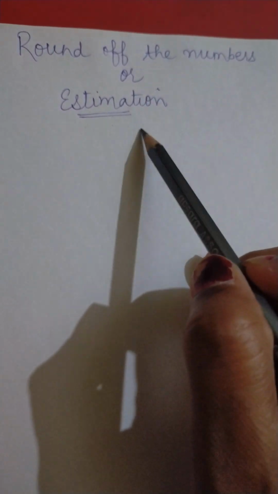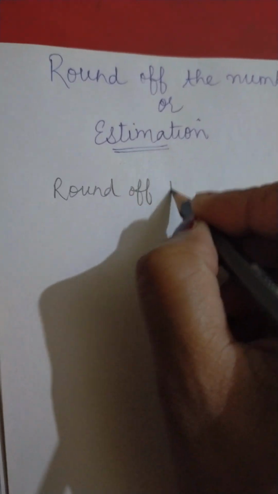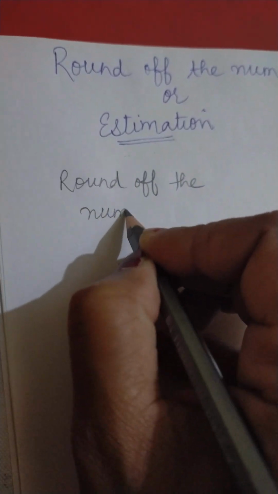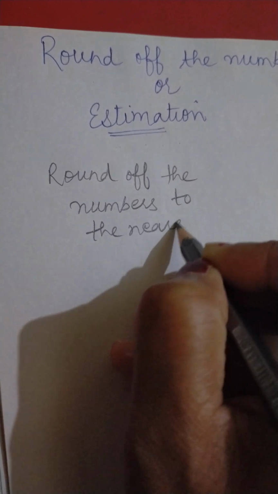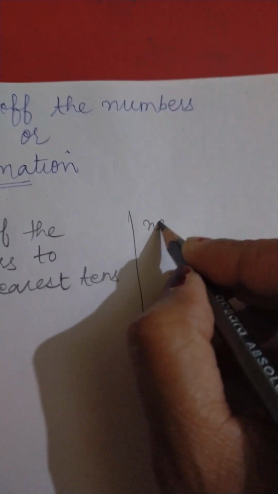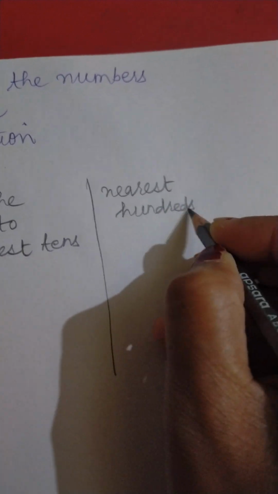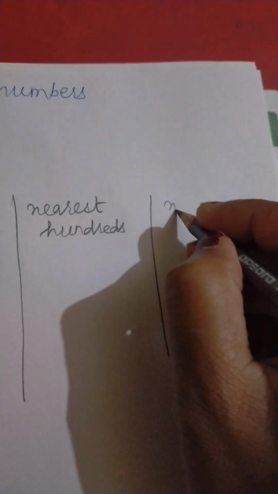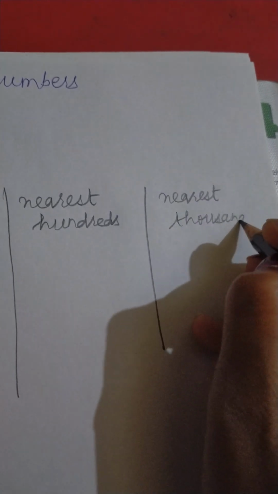For rounding of numbers there are three different concepts: round the numbers to the nearest tens, then nearest hundreds, and the third is nearest thousands. This is a very interesting and easy topic.